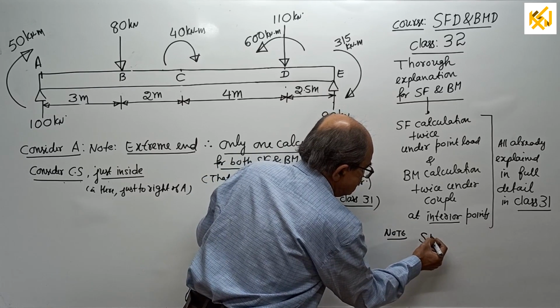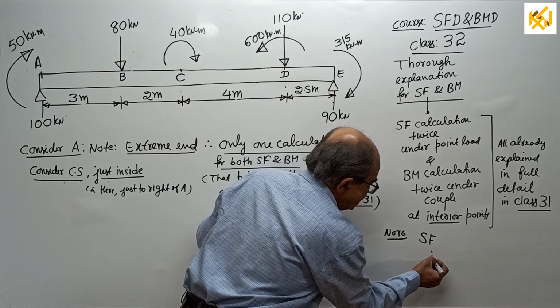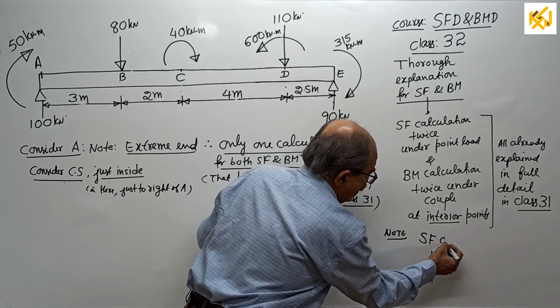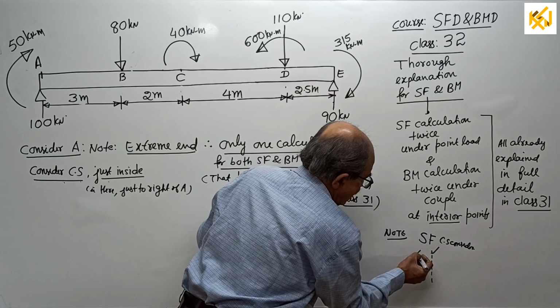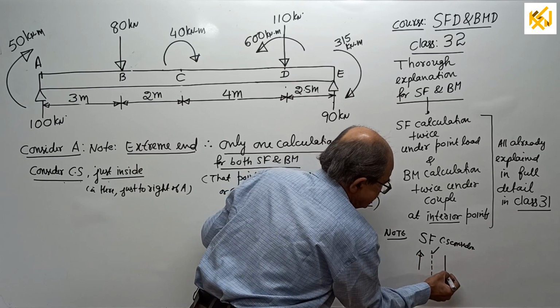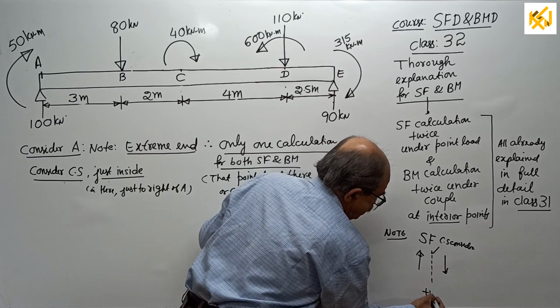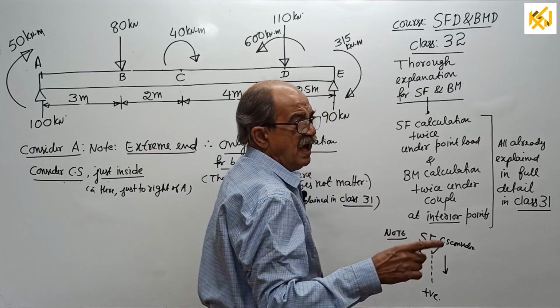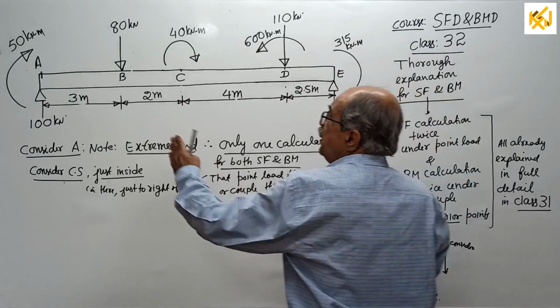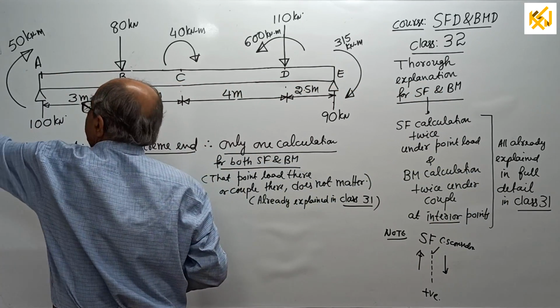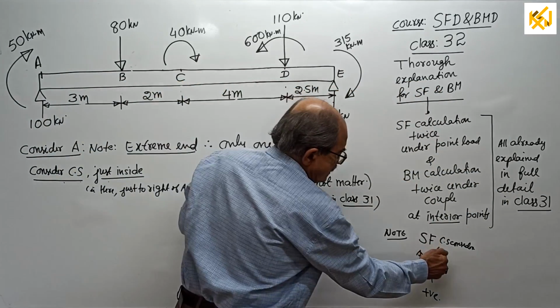shear force, wherever you consider a cross section, this is the cross section considered. Left side up, right side down, this is positive. And I told how many times earlier, if you are going to look at the left side here, for sign also, see the left side.